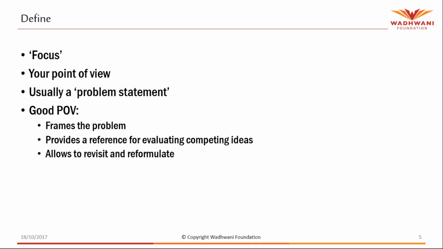You can find out how the existing solutions are. For example, you can think about the Think car, which goes about 40 kilometers. Then you can think about the Zico car, which goes for about 70 kilometers. Okay, so when you're looking at this particular problem statement, the Zico car is a little better than the Think car. That is also a way you'll be able to evaluate the competing ideas.